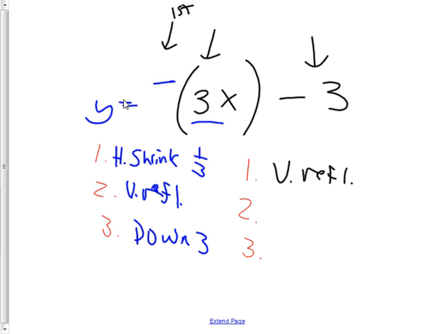I think you probably thought I should do the, actually, that's a shrink. No, that's right. This horizontal shrink factor 1/3. And then the last thing is the down 3. Notice the down 3 is last in any scenario.